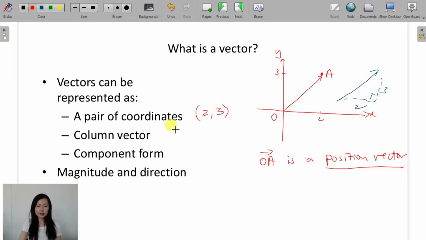Now this can also be represented as a column vector, which kind of looks like that. It's pretty self-explanatory. The x coordinate goes here, the y coordinate goes here, and in component form, xi plus yj. So the i and j axes, i is like the horizontal axis and j is like the vertical axis.